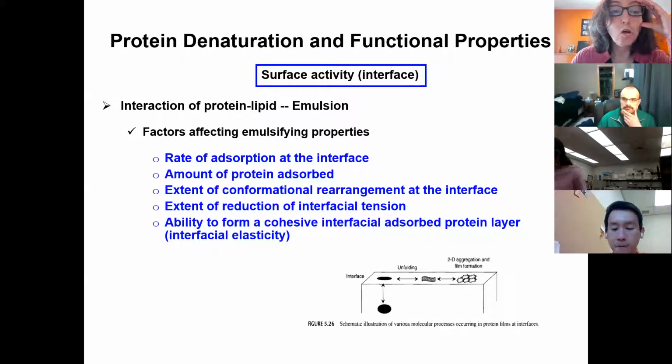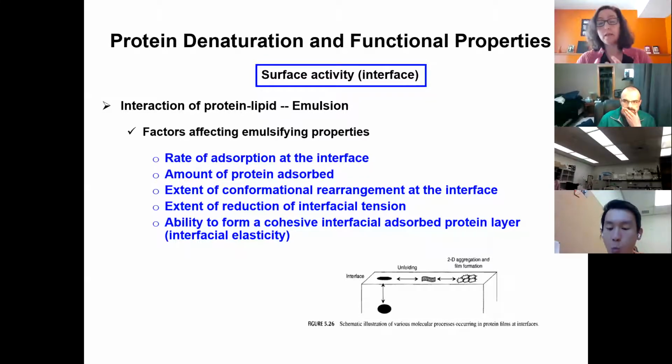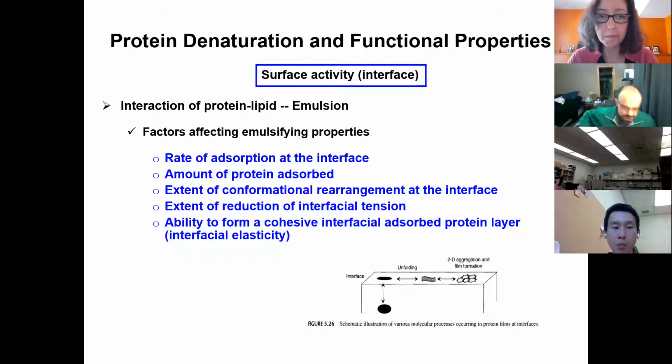Okay, so the factors that impact emulsifying properties: how fast these proteins adsorb at the surface, so how fast they can move and get on the surface and start orientating their different groups. Amount of protein adsorbed: the more protein adsorbed, the thicker your film, the better your stability.